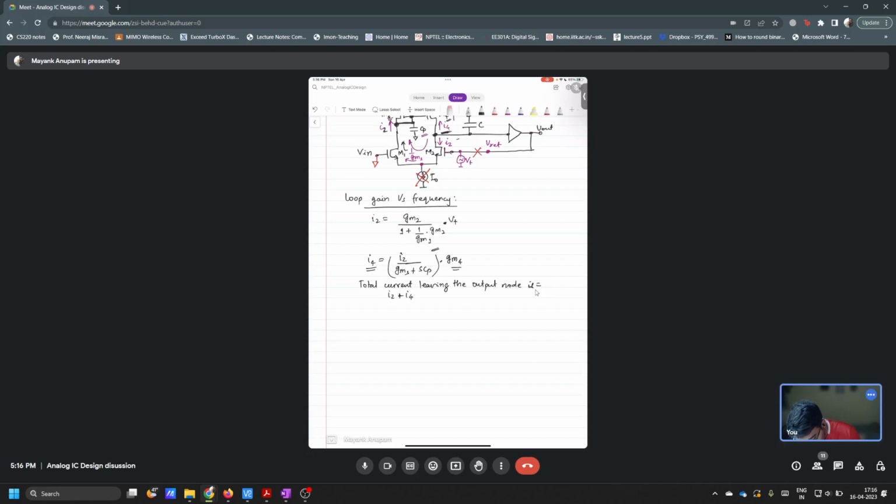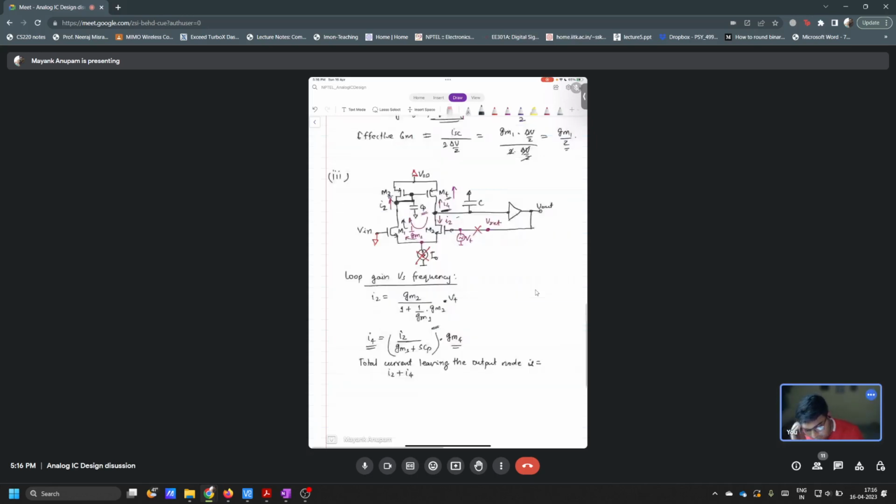And what is the impedance connected at the output at this node? R0 2 parallel R0 4? No, but R0 is assumed to be infinity. I have assumed all the output impedances to be infinity.